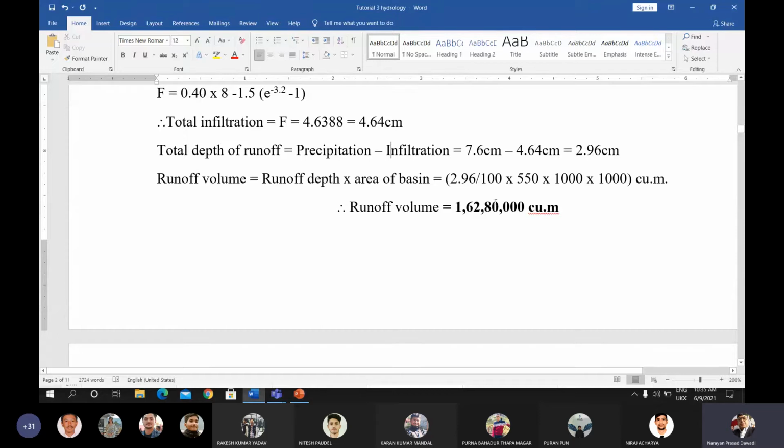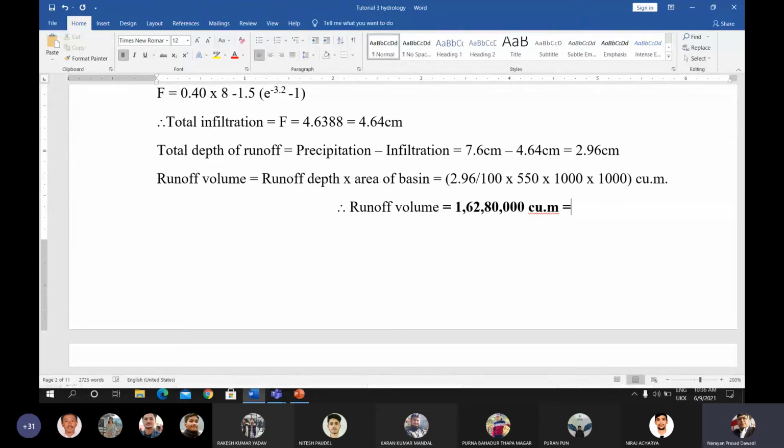It is converted into meter by dividing by 100, and the area is given in square kilometer. For square kilometer into meter square, we have to multiply by 1000 into 1000, that is 10 to the power 6, multiplied with 550. You will get the total runoff volume of 1,628,000 cubic meter, that is 1 crore 62 lakhs and 80,000 cubic meter.